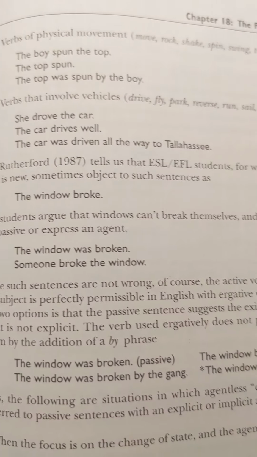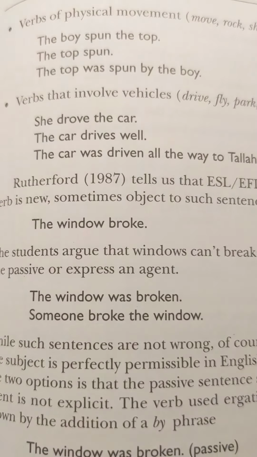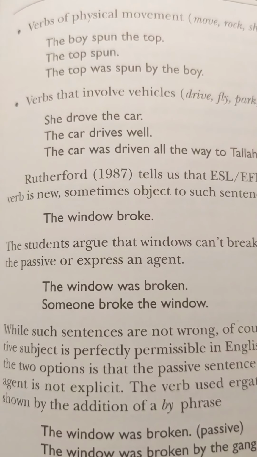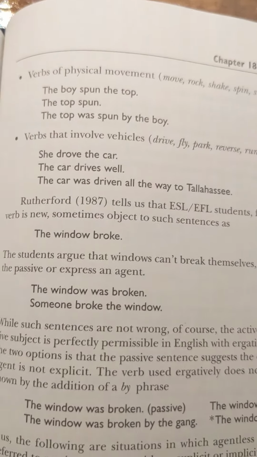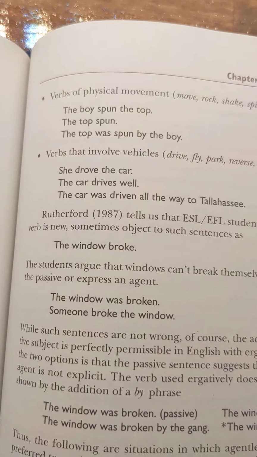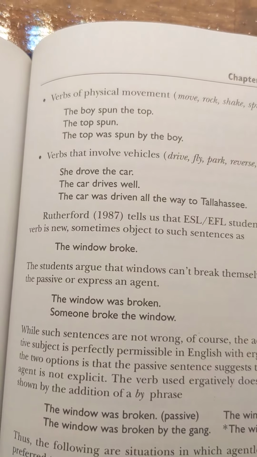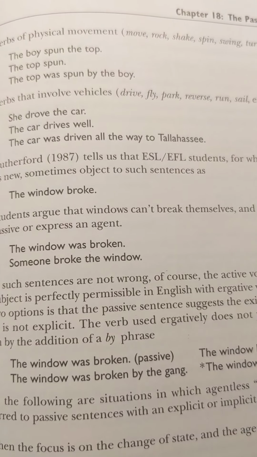The window broke. Notice here it's a verb. It's not broken. If it said the window is broken, then it's definitely an adjective. I was thinking though that the window is broken would be a subject complement, but I don't know. Can something be a subject complement and also an adjective?